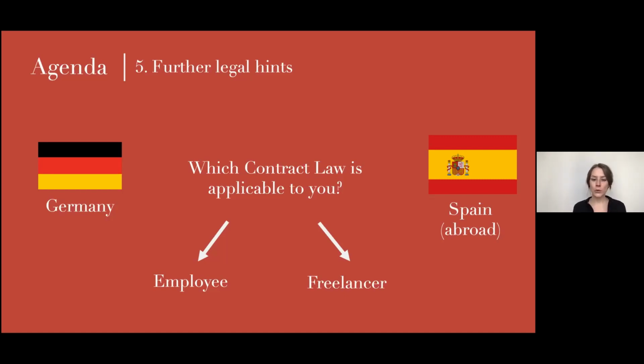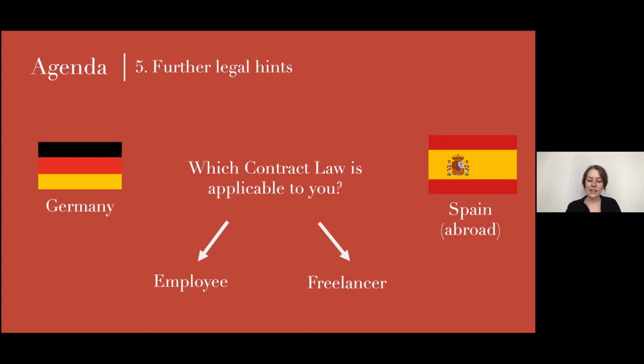And now we come to the second group, the freelancers. It's also for freelancers pretty much the same rules. As a freelancer, you also have the right to choose the applicable law together with your client. That means the applicable law is not mandatory by law.